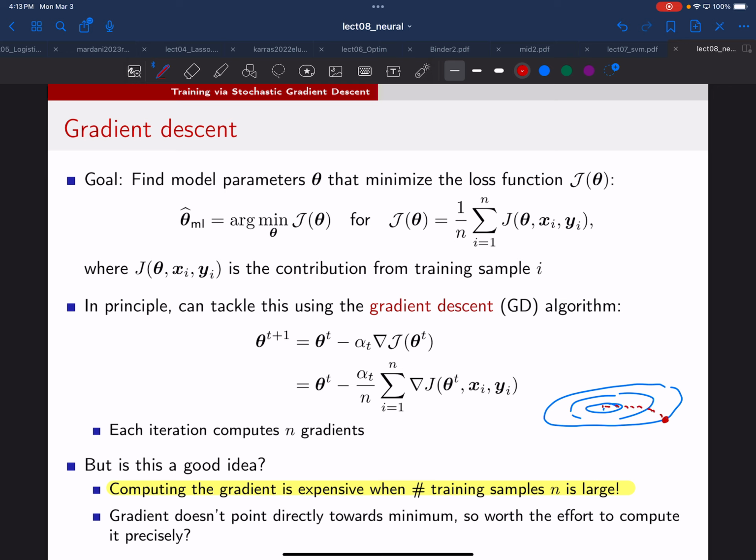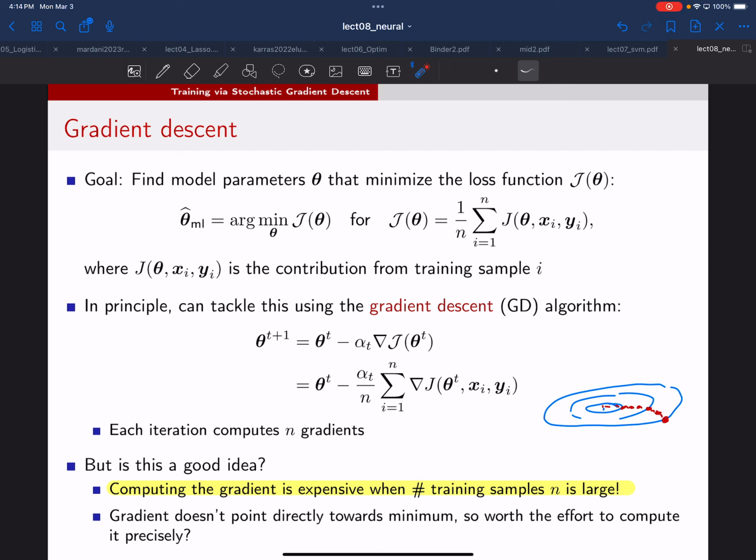And so for each one of these steps, is it really worthwhile to spend a lot of effort computing this term if maybe instead we could do some approximation? If we can approximate it in a much more efficient way, then we could, for example, take more steps with the same computational effort, or just have less computational effort overall.